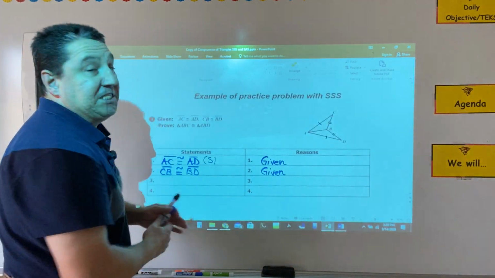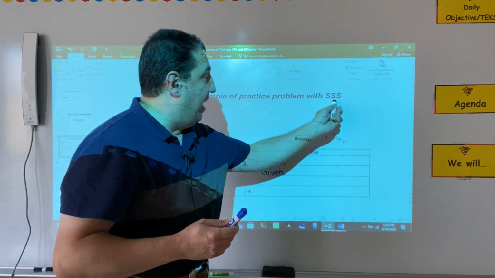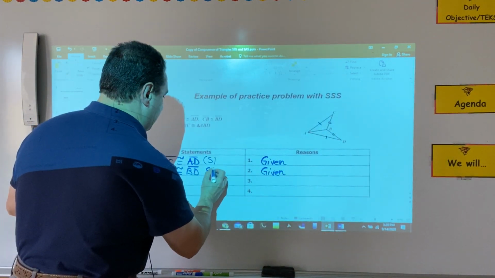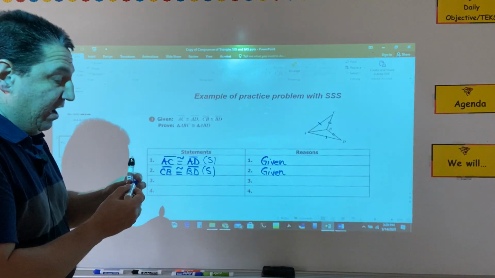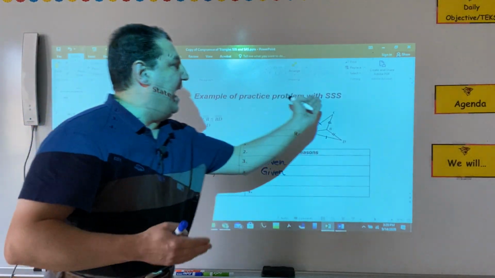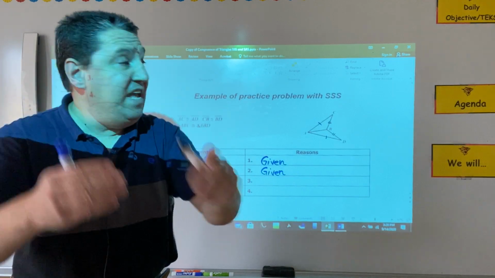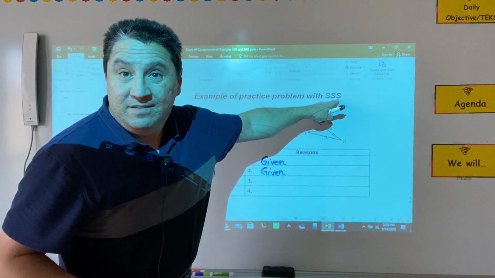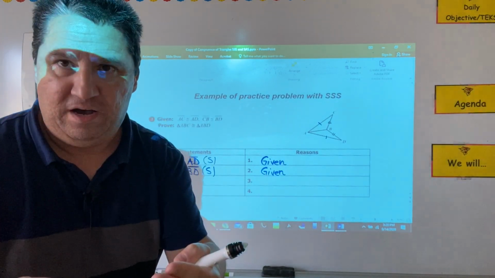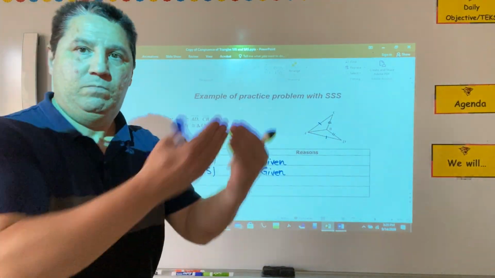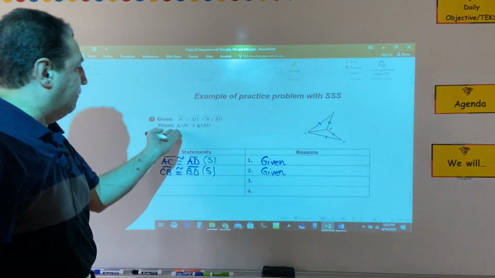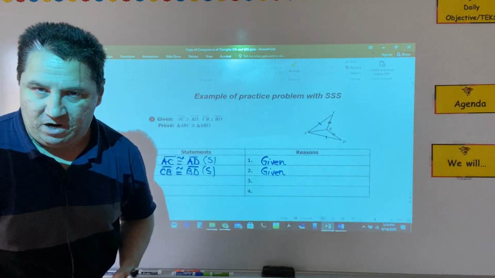This is the second pair of sides, the second S. Now, in order to prove these triangles are congruent by SSS, we need the third S. So, if we can find the third pair of corresponding sides congruent, we can prove these triangles are congruent.